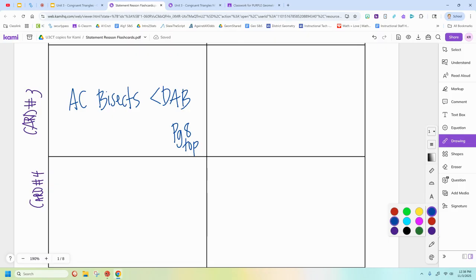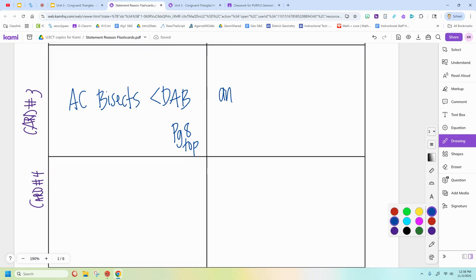All right, so that was the given. Eventually, we're going to need to write a statement that reflects it. So when we flip it over, now on the back, we're going to write that reason that goes with it.